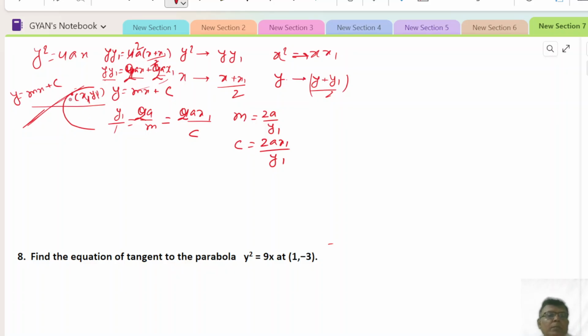But this x1, y1 is actually lying on this parabola. So y1 square is equal to 4ax1, that we can write.